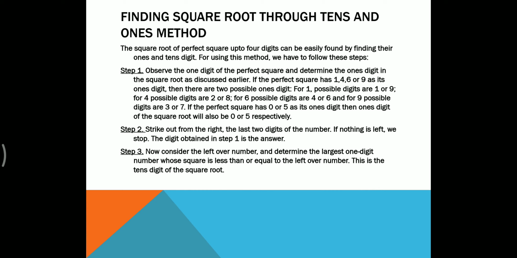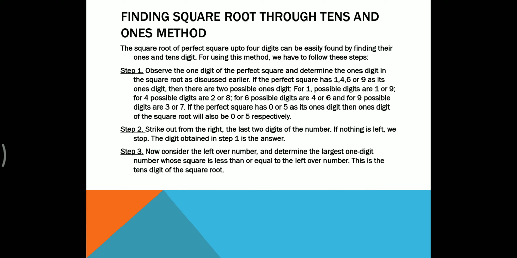Then there are two possible ones digits, that is 2 or 8. You have only two possible digits from this 64. Now we will arrive at the answer that it is either 2 or 8.